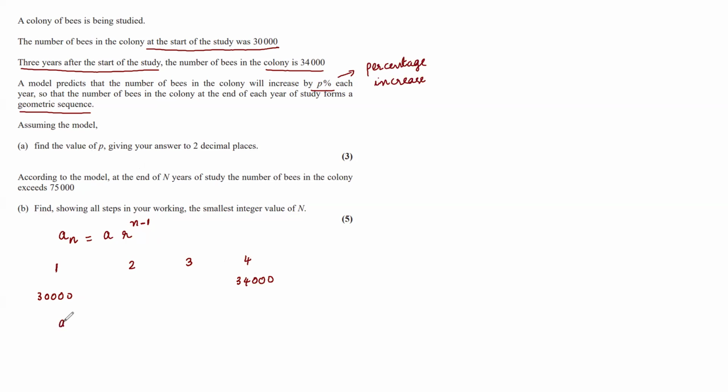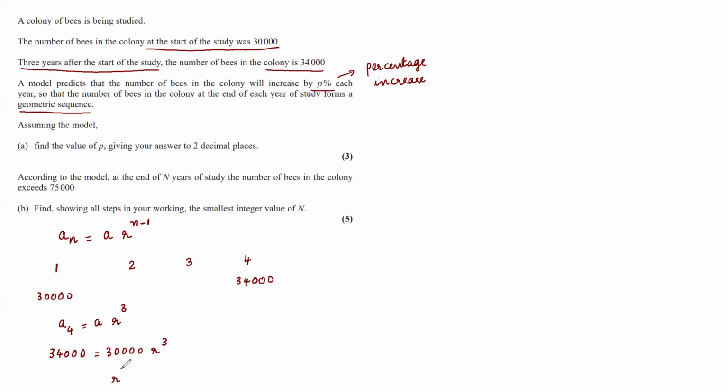So the fourth term, a4 here, is equal to a into r to the power of 4 minus 1, which is r cube. The fourth term is given as 34,000 bees, and initially there were 30,000. So 30,000 r cube is 34,000.